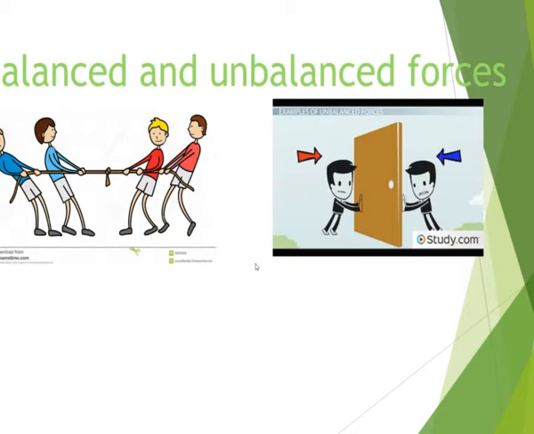In the second picture, two children are pushing the door in opposite directions, but the door is at rest and is stable, not moving in either direction. So let's continue.